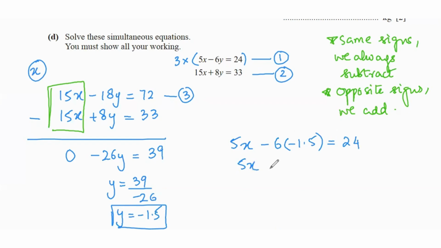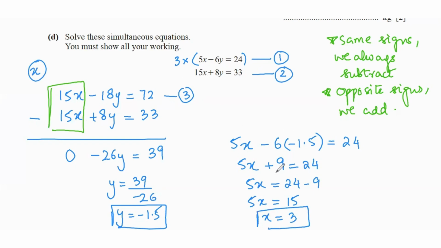So that's 5x plus 9 equals 24. 5x equals 24 minus 9, which is basically 15. So x is 3. So when y is negative 1.5, x equals 3. That is your answer.